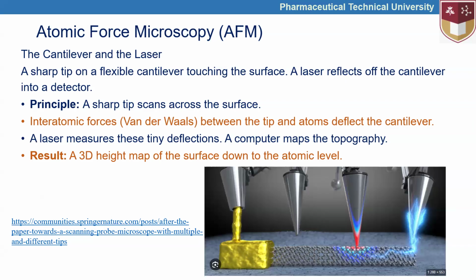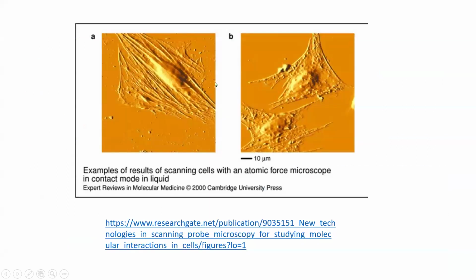And then a laser measures these tiny deflections. A computer then maps the topography by using special tools. So a 3D height map of the surface down to the atomic level can be achieved.